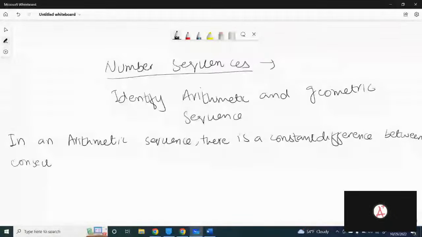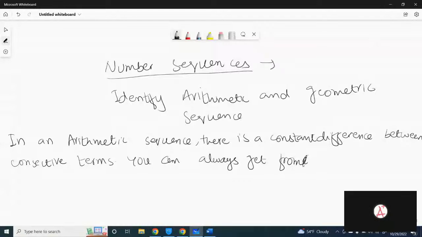For two consecutive terms, the value of the difference is always the same. This means that you can always get from one term to the next term by adding or subtracting the same number.